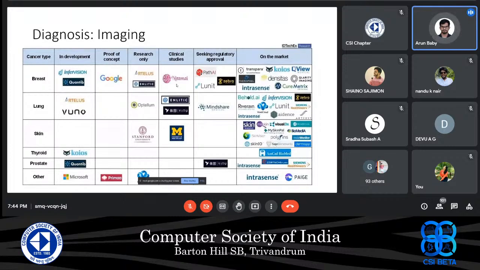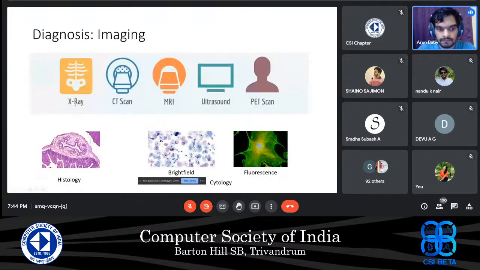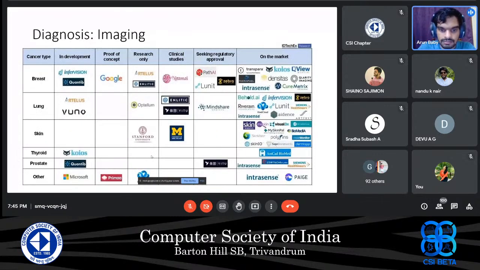Other than that, Google is also really into breast cancer research for automating histopathology diagnosis. Histopathology diagnosis is sort of the gold standard for diagnosis for a lot of cancers, so a lot of research is going on in histology.